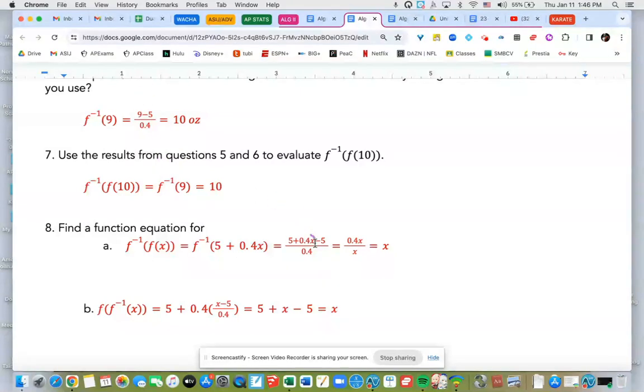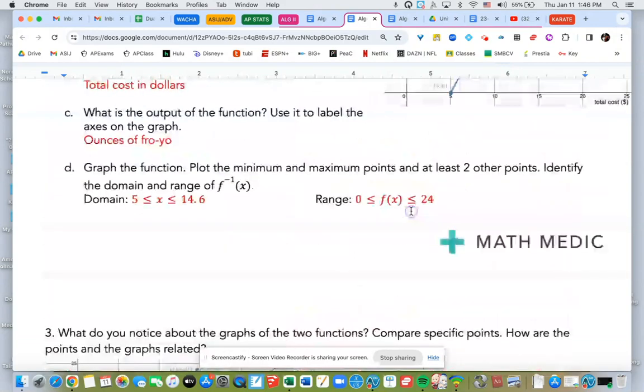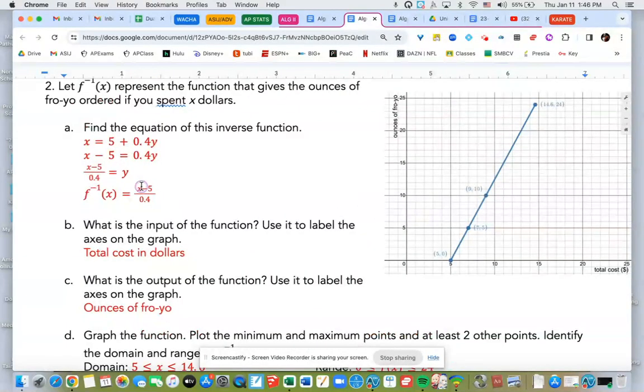This whole piece gets put into the inverse function where x was. Maybe I should point that out to you. On the inverse function, this is where x is. That little spot is going to contain the whole original equation.